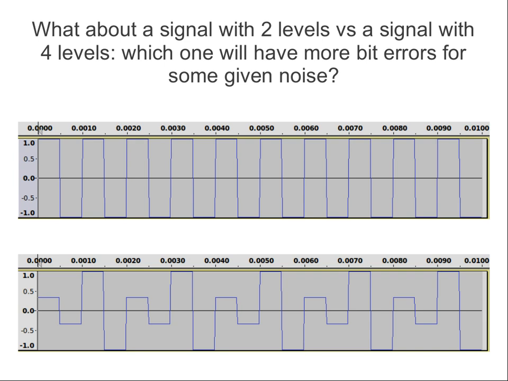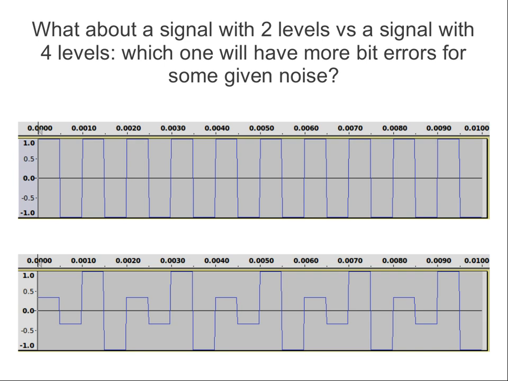If we have 4 levels as an example, we can have each level representing 2 bits. So now, here's 2 bits, here's another 2 bits, and another 2 bits, and so on. And with a signaling rate of 2,000 elements per second, each element is 2 bits, we get a data rate of 4,000 bits per second.